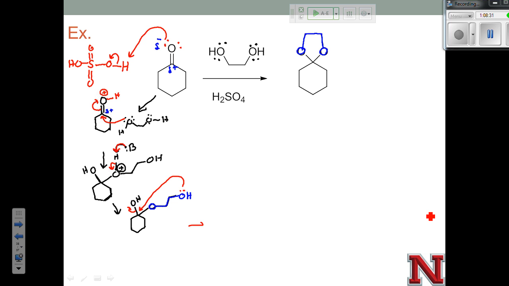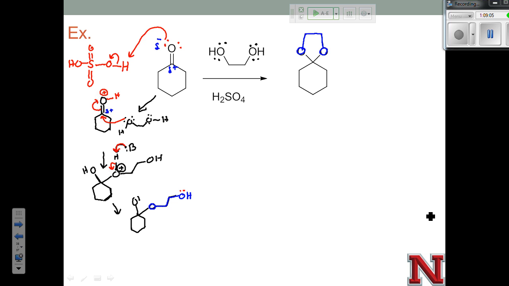Because then I'd form OH minus. I'm not going to form OH minus in acidic media. So instead what's going to happen is I'm going to have the proton transfer to make OH a good leaving group. Because OH is not a good leaving group. In these conditions, it's absolutely not a good leaving group. Not in acidic conditions. We will not form a strong negative charge in acidic conditions. Acid catalyzed reactions typically have multiple proton transfers.